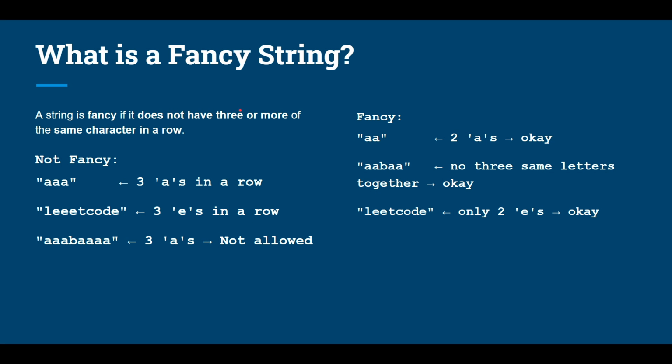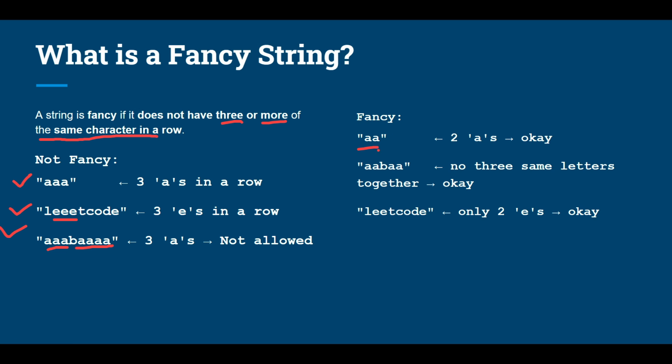So what is a fancy string? A string is fancy if it does not have three or more of the same character in a row. For example, it is not fancy if we have triple A in one row like this. Here we are seeing three characters, here three, and here four characters. So these are not allowed. What is fancy?